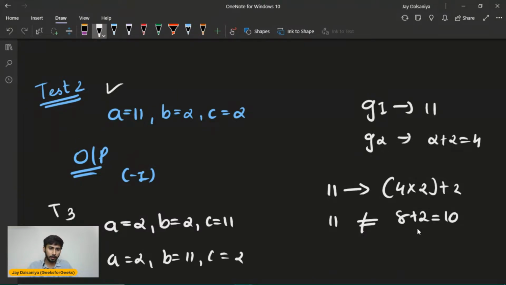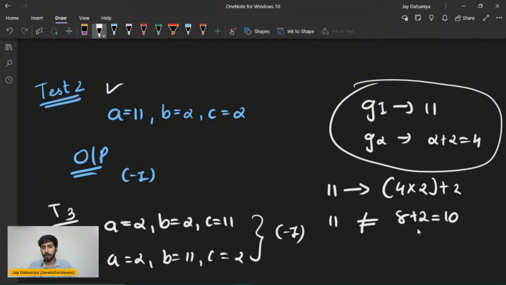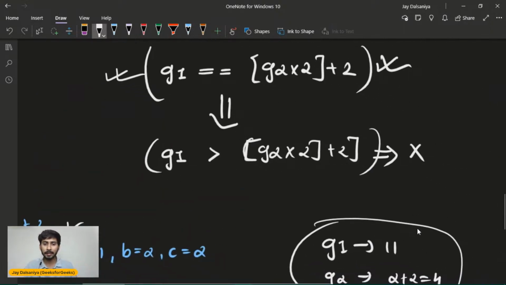These can be other test cases. But the output for all of them will be minus 1, because if you divide them into two groups, G1 and G2, then this inequality will not be possible. So we simply need to check this condition, whether G1 is greater than G2 into 2 plus 2 or not.